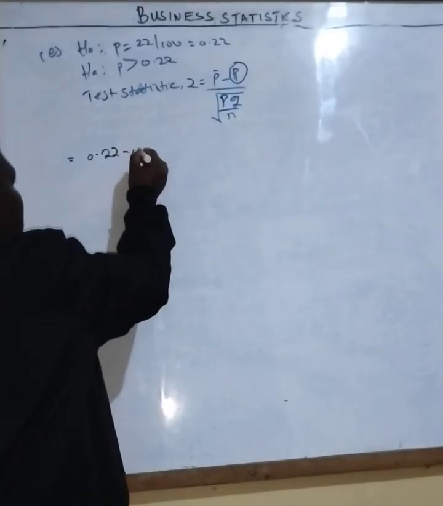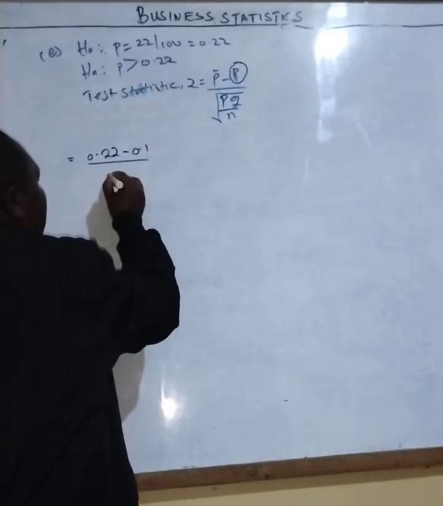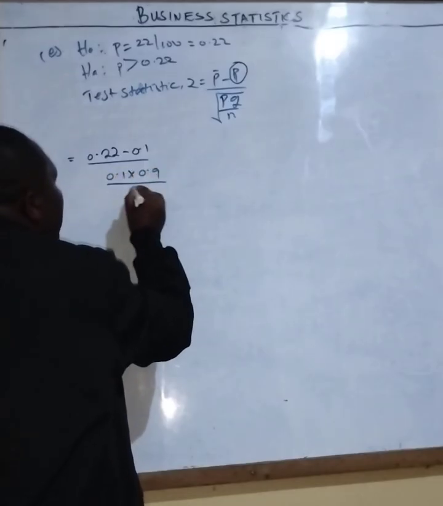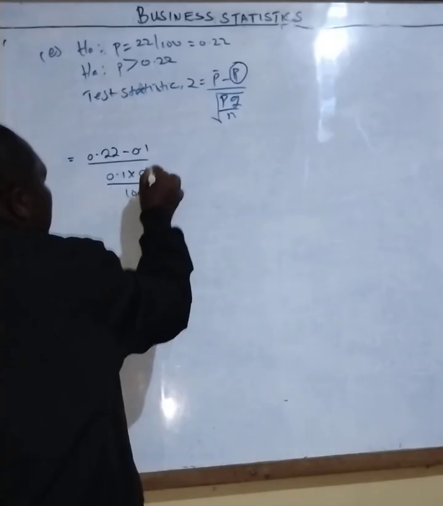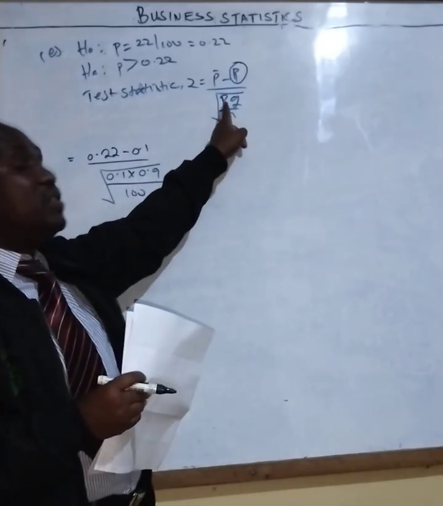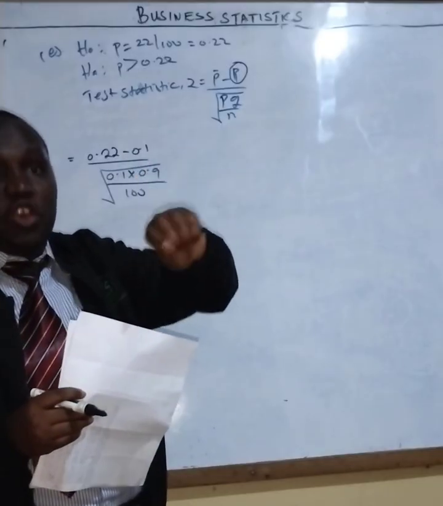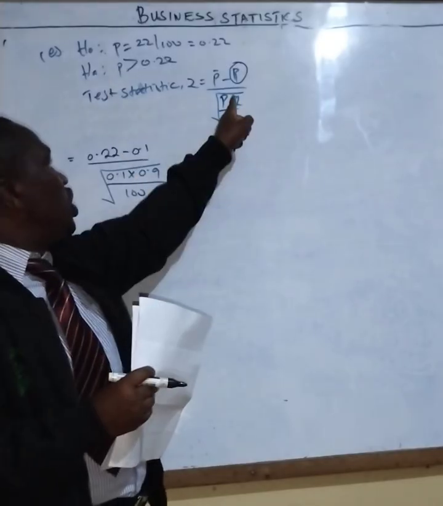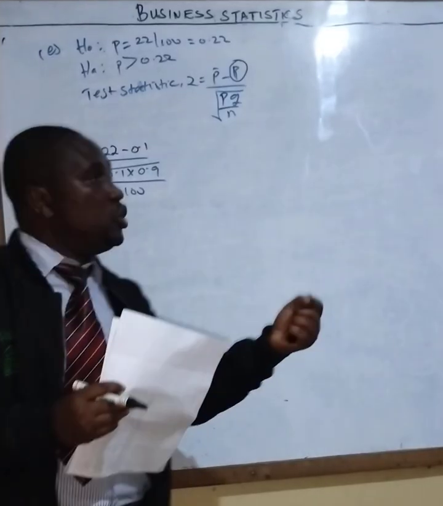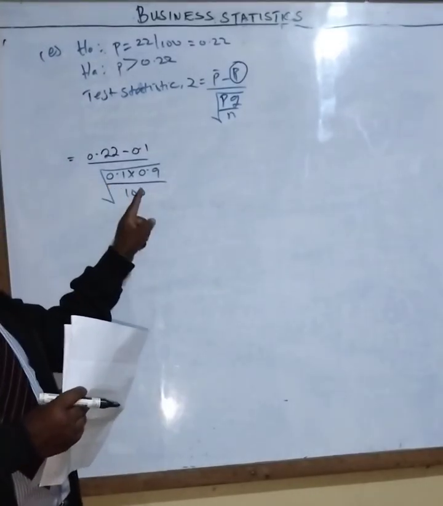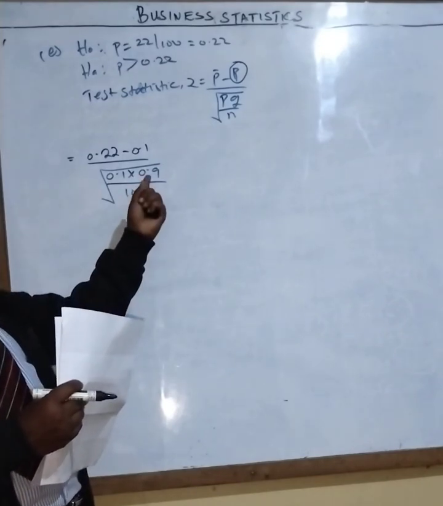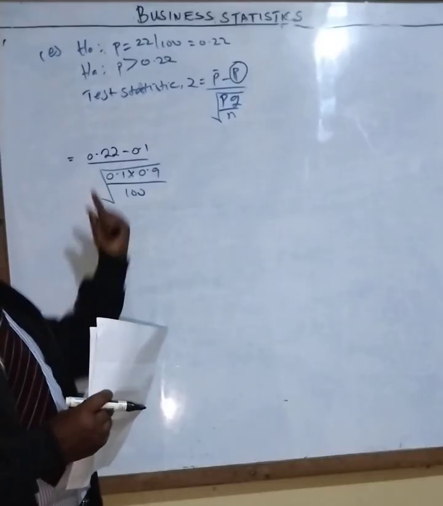So, like that, minus 0.1, divided by the square root of 0.1 times 0.9 divided by the sample size, 100. This PQ, P stands for the population proportion, then Q is the remaining part of the population proportion. If the 0.1 is from the normal population, then the remaining is 0.9. So you put it like that.